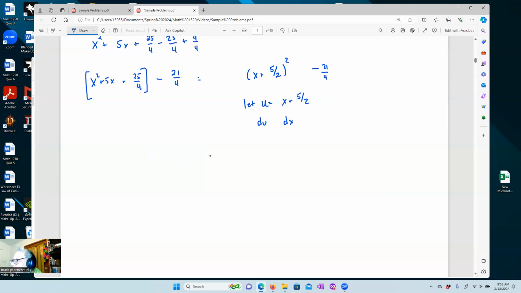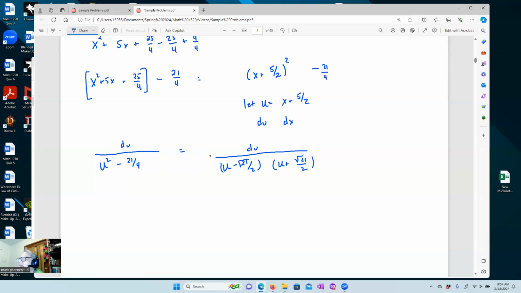Okay, so we're going to go back and say, we have du over u squared, that's my x plus 5 over 2 squared, minus 21 over 4. Now this is just the difference of two squares. So this is equal to du over u minus the square root of 21 over 2, times u plus the square root of 21 over 2.